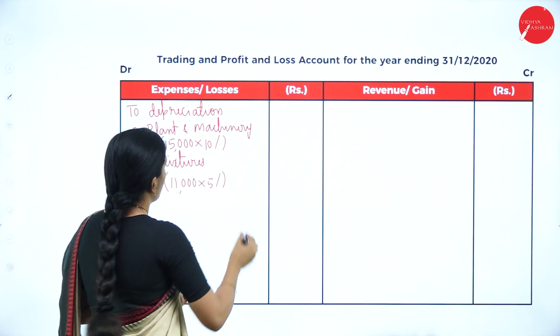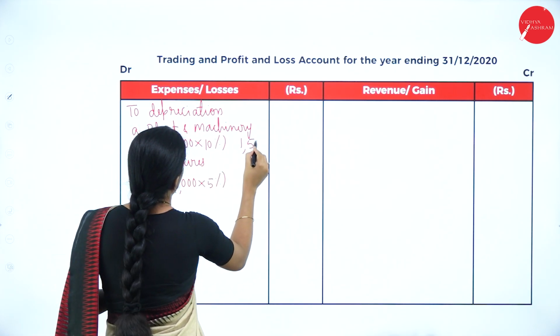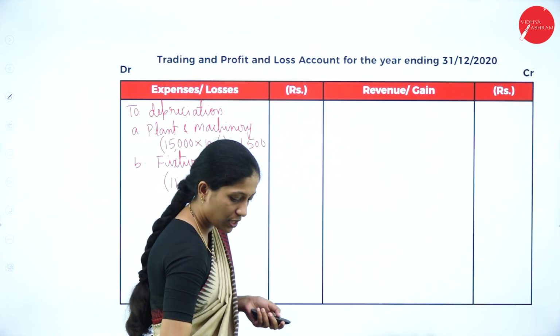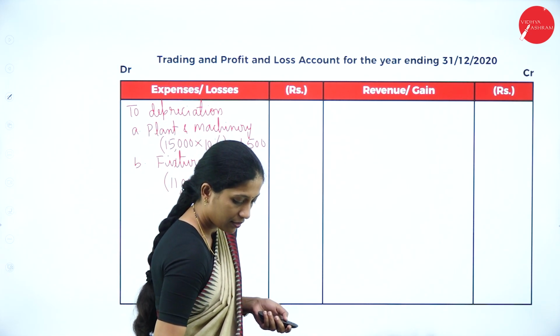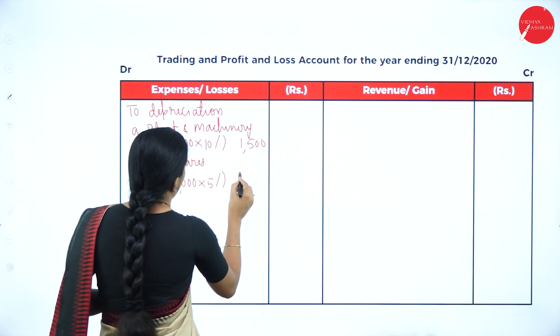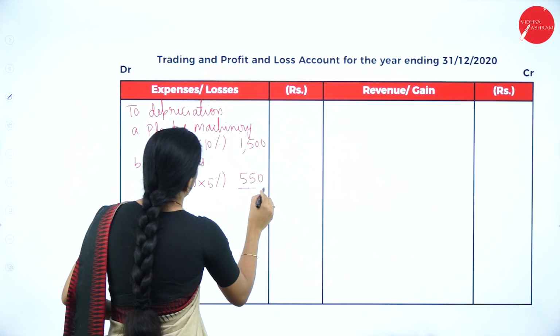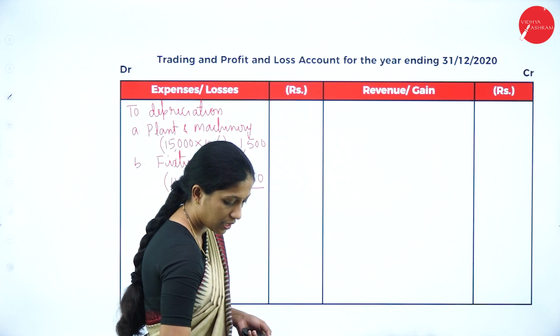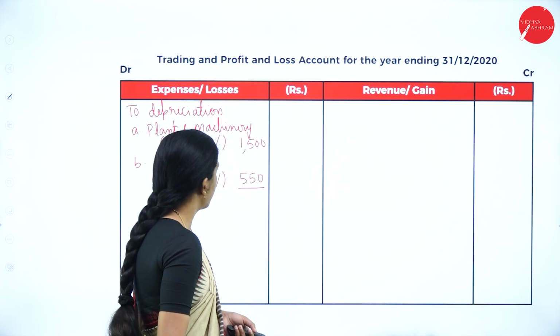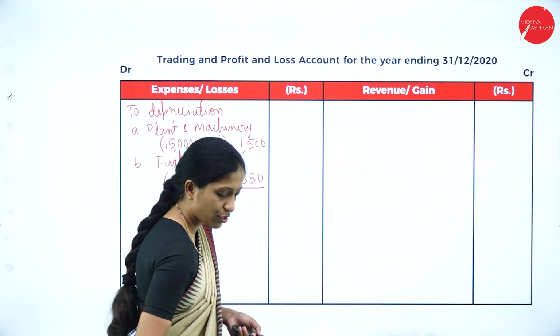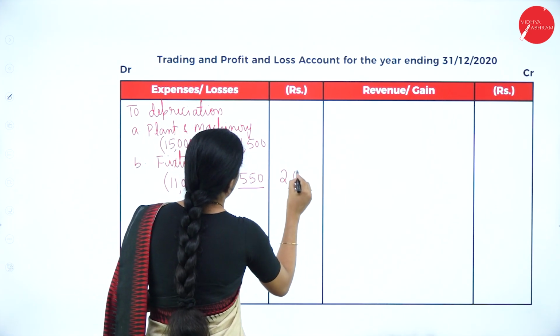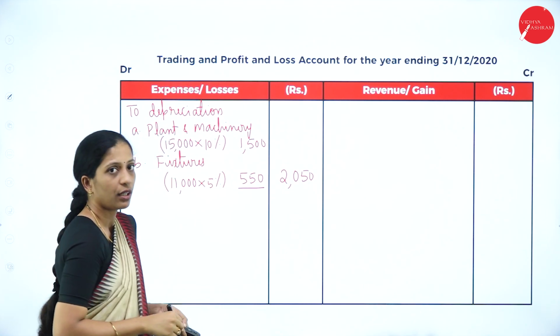So 15,000 into 10% will be 1,500, and 11,000 into 5% will be 550. So 550 plus 1,500 will be 2,050. Hope you are clear.